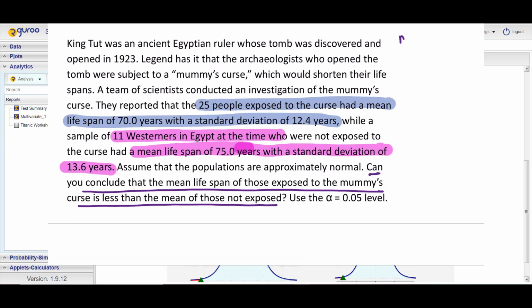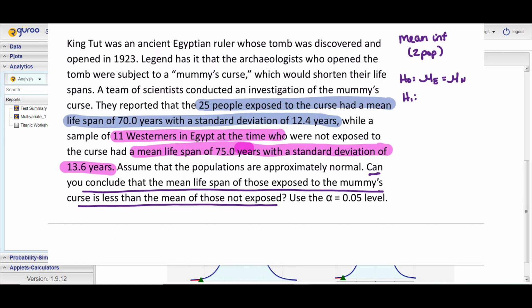So we're doing a mean inference to population again. So let's go ahead and write our null and our alternate statement. We're trying to say that the mean lifespan of those exposed is equal to the mean lifespan of those who were not exposed.